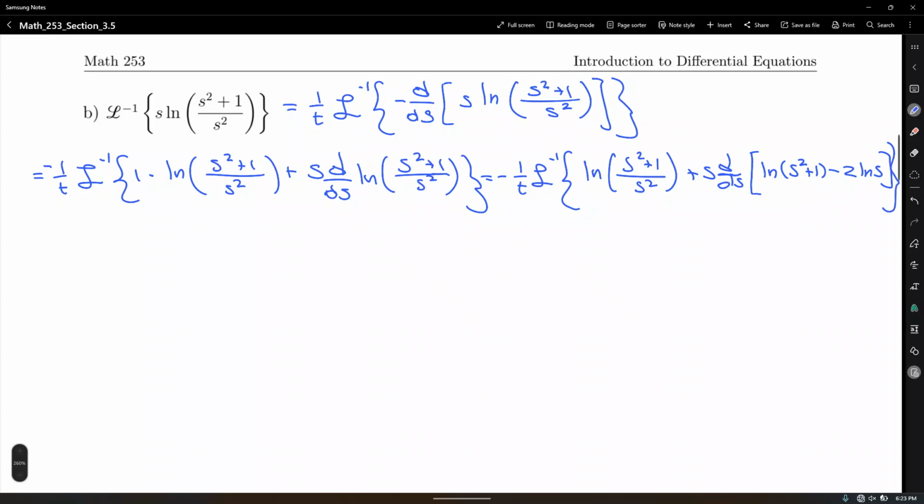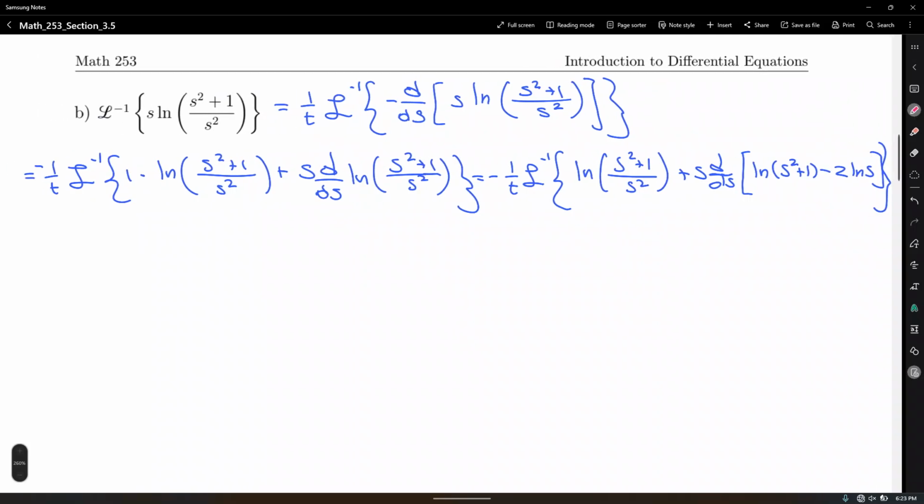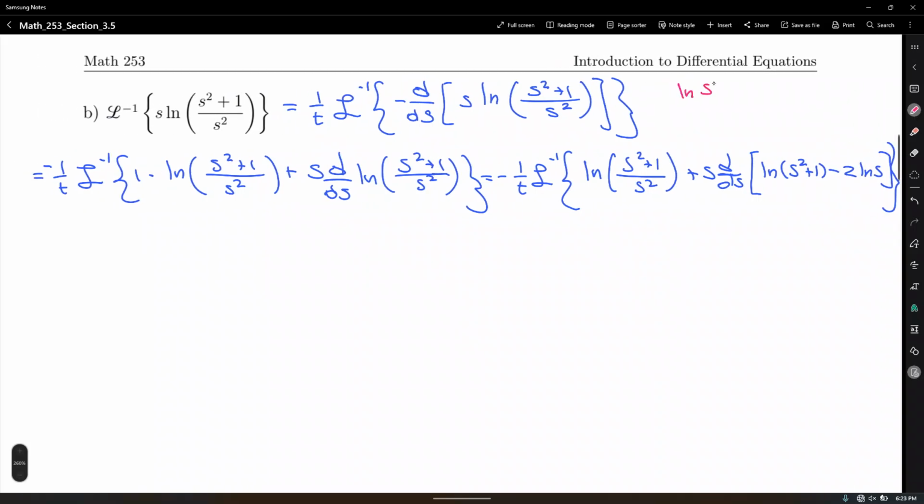So guys, what did I do here? Number one, quotient rule: ln of s squared plus 1 minus ln of s squared, and then smack down the power: ln of s squared plus 1 minus 2 ln of s. All right? Basic properties of logarithms. So let's differentiate and then see what happens. Okay?